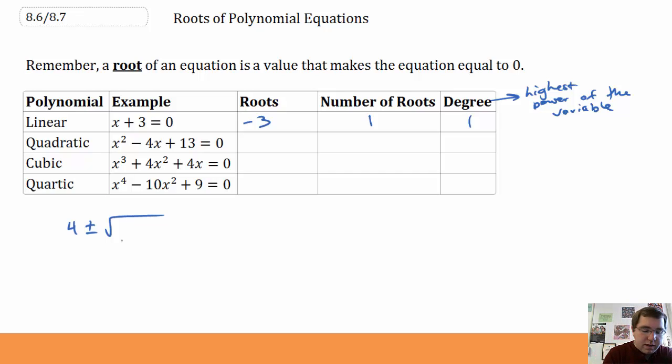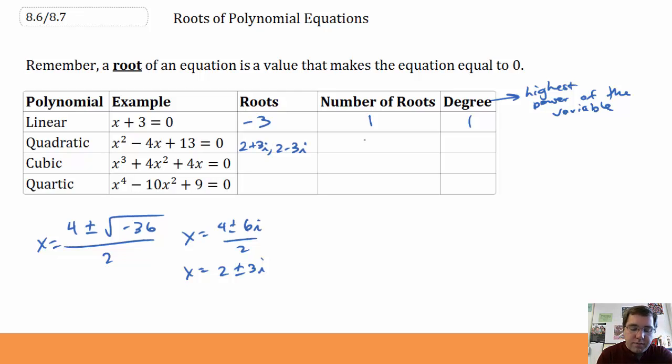That'll be negative 36 all over 2 times 1, 2a. So these values of x equal 4 plus or minus 6i over 2, so x equals 2 plus or minus 3i. Okay, so my roots are 2 plus 3i and 2 minus 3i.